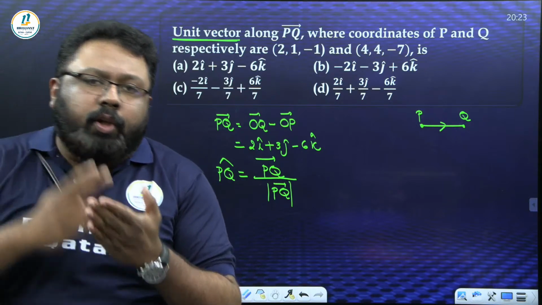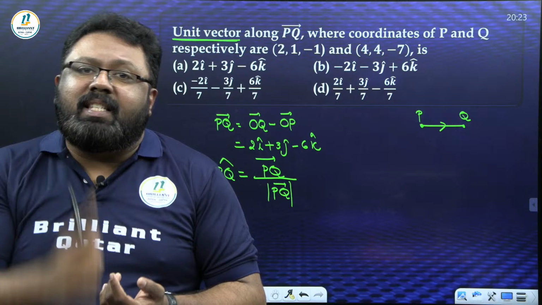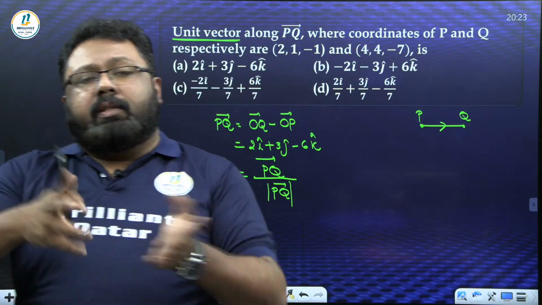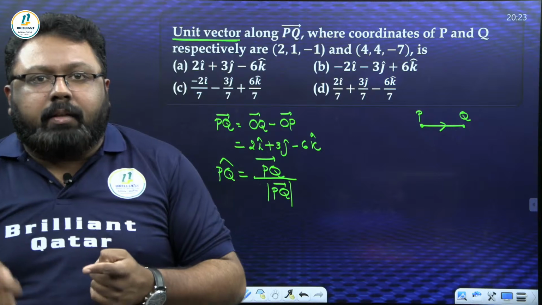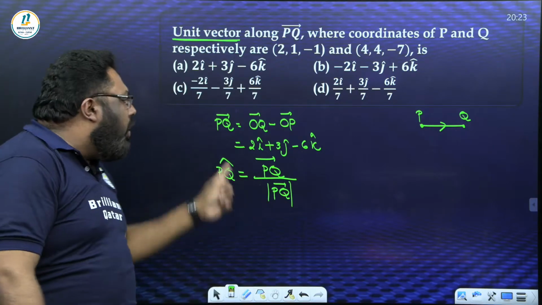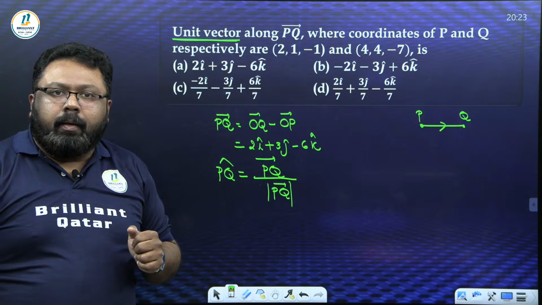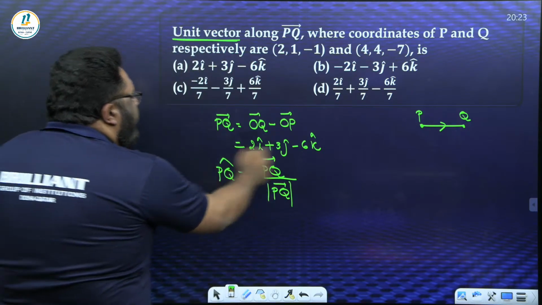Those who don't have the basics in vectors, please listen very carefully. Don't misunderstand that a unit vector is the same vector. No, it is another vector in the same direction as the PQ vector, but its magnitude is 1 because it's a unit vector.